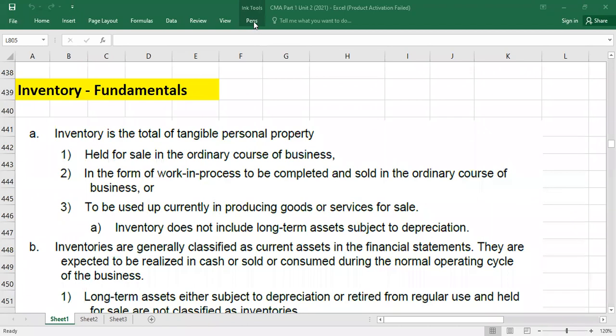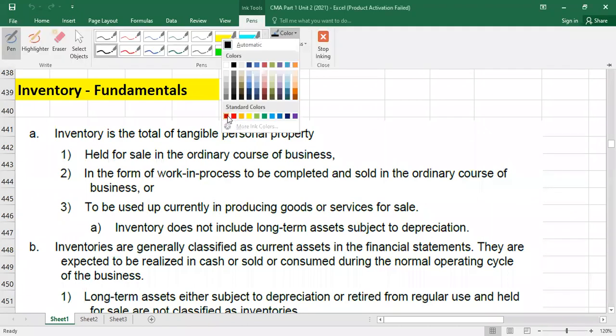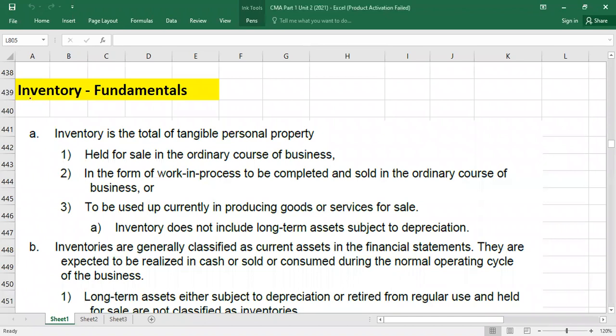So hello guys, we are going to discuss today inventory fundamentals. We are in the financial accounting section and studying unit number 2, topic 2.2. Topics 2.2 and 2.3 are relevant to inventory.